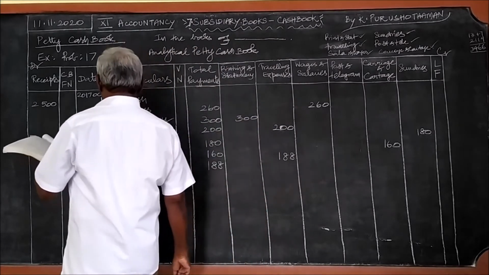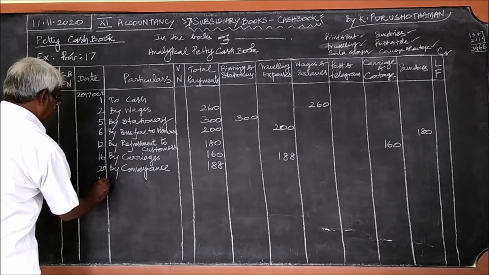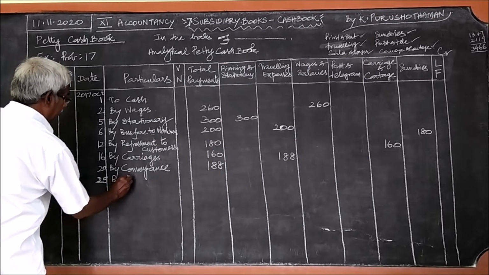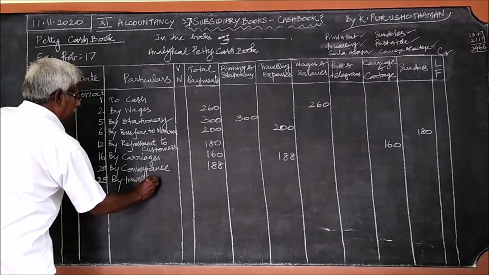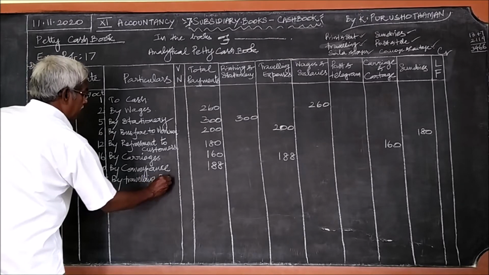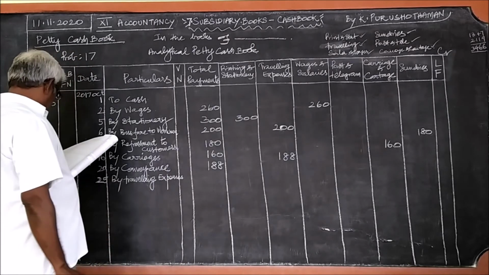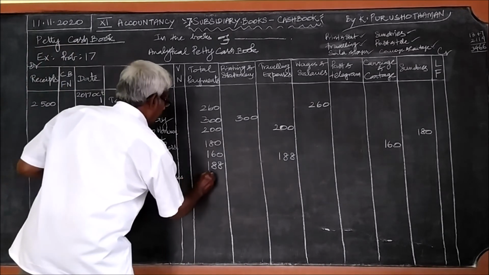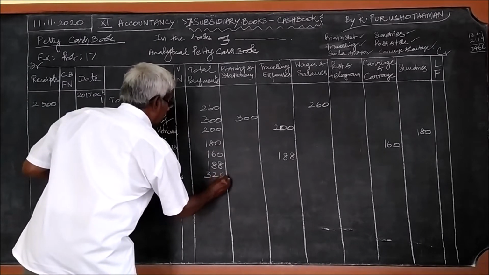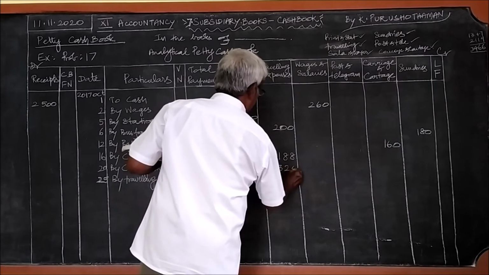Paid for travelling expenses, the 25th. By travelling expenses 320 total, and in the travelling expenses also 320.